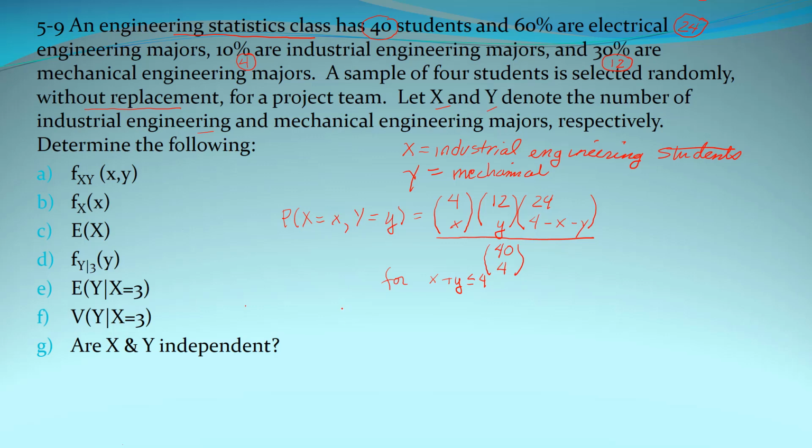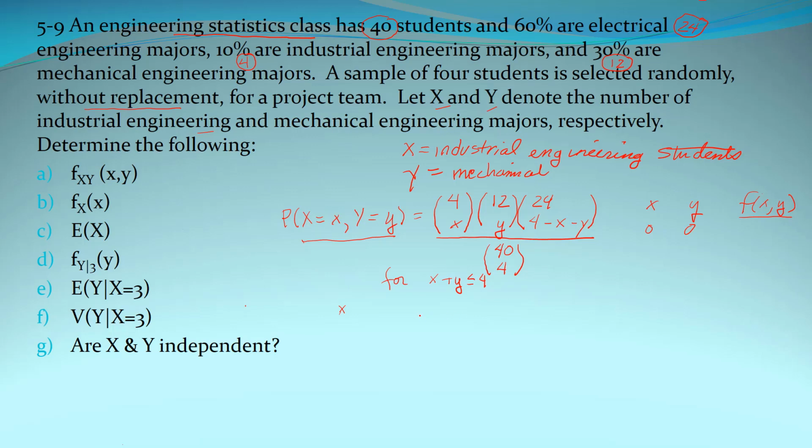If x is 0 and y is 0, then what are we going to get for our probability f(x,y)? What does this number turn out to be if we plug in x is 0? In other words, 0 industrial engineering students, 0 mechanical engineering students, and everything is electrical.